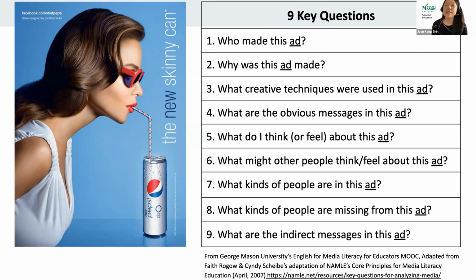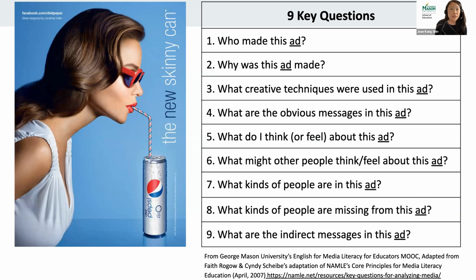By the way, this comes from a MOOC that we created at George Mason University called English for Media Literacy for Educators. These key questions are adapted from NAMLE's core principles for media literacy. Think about first, who made this ad? Why was this ad made? What creative techniques were used in this ad?